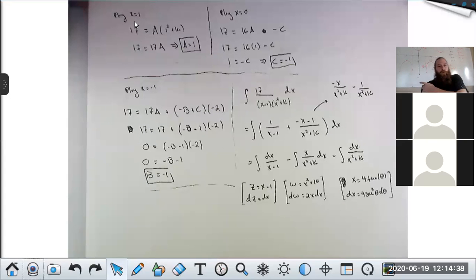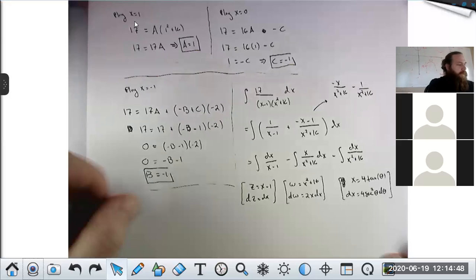So that first integral becomes the integral of 1 over z. The second integral becomes 1/2 integral 1 over w. And the third integral becomes something really nice also.